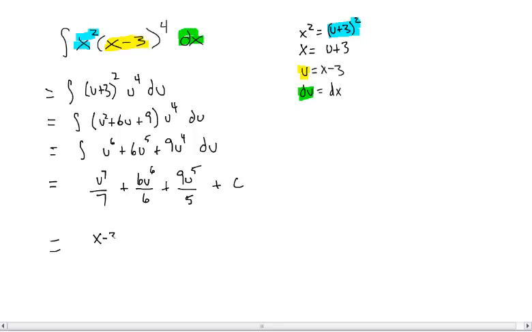So we have (x minus 3) to the 7th divided by 7 plus, we have a 6 in the numerator and a 6 in the denominator, so those cancel. So we're just left with (x minus 3) to the 6th plus 9 times (x minus 3) to the 5th divided by 5, plus c.